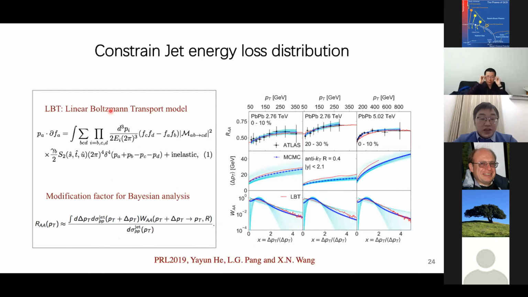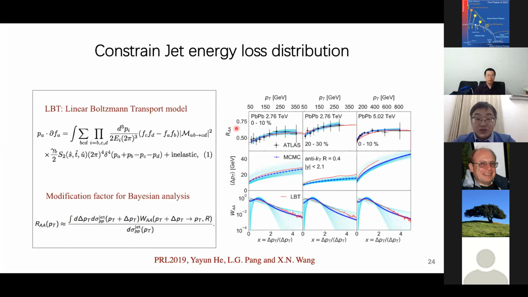We have also used this Bayesian analysis to constrain the jet energy loss distribution, where we formulate the jet modification factor as a convolution between the pp jet cross-section and the jet energy loss distribution function W_AA. This W_AA is parameterized as a gamma function with several parameters.